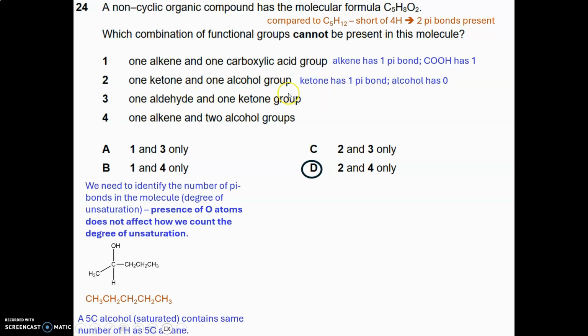Thirdly, aldehyde and ketone, so each carbonyl group has 1 pi bond, so this is possible. Lastly would be alkene and 2 alcohols. Alkene only has 1 pi bond. Each alcohol does not contain a pi bond, which means that we are again short of 1 pi bond. So answer is D.